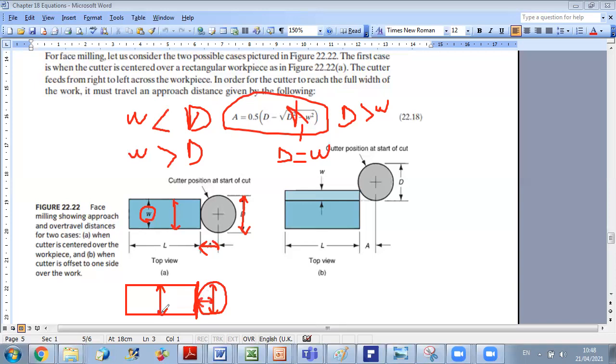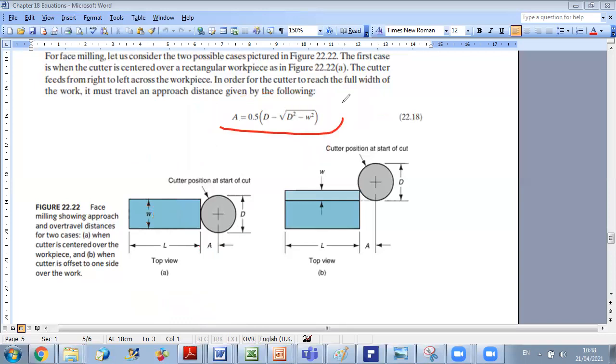So in particular, when W is equal to D, you will end up with A equals 0.5 D. And in case D is larger than W, then the distance will be computed by the following relation.